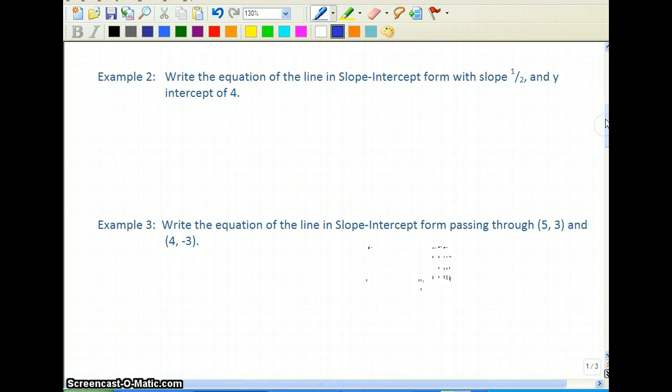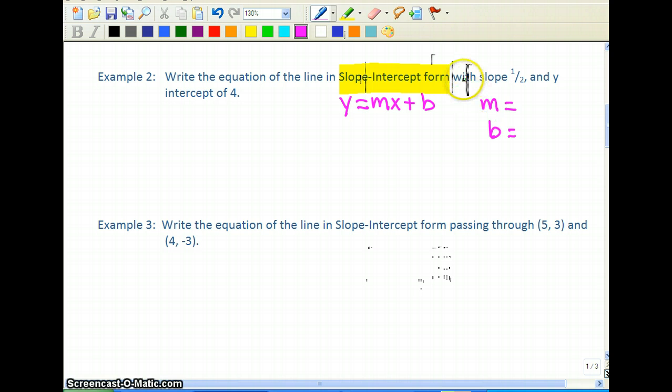Number 2, write the equation of the line in slope-intercept form. Slope-intercept form is y equals mx plus b. So the two things we need are m and b. If that's what they give you, then we will do exactly that.